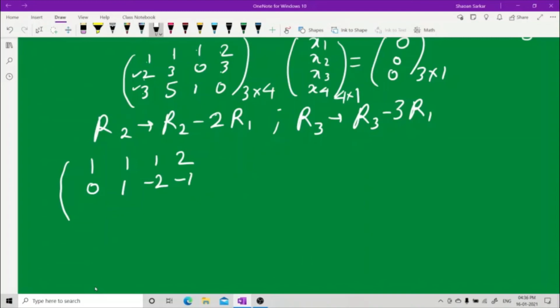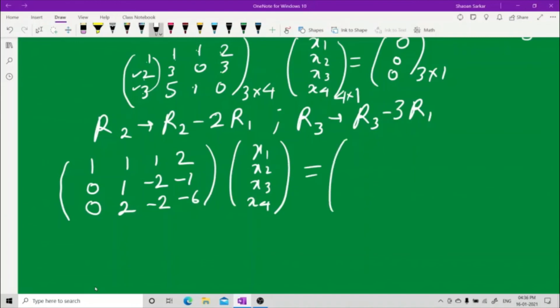In the next row, 3 minus 3 is 0, 5 minus 3 is 2, 1 minus 3 is minus 2, and 0 minus 6 is minus 6. So now you will have x1, x2, x3, x4, and 0, 0, 0.